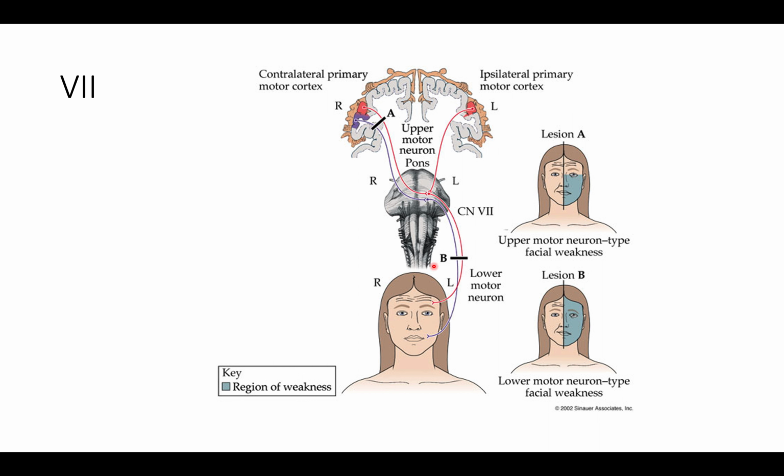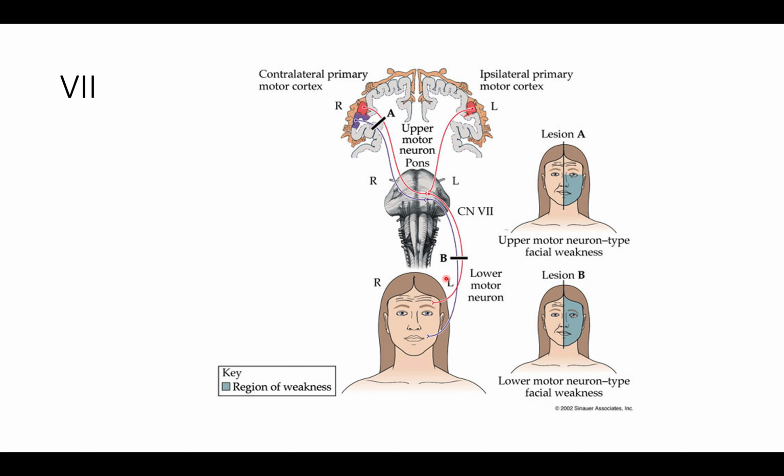As we see here, the upper motor neuron innervates the upper and the lower face. So the right cortex innervates the left upper and lower face, okay? And the left cortex also innervates only the upper face.